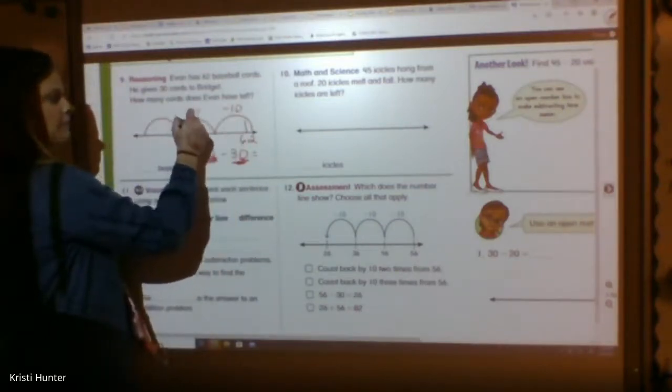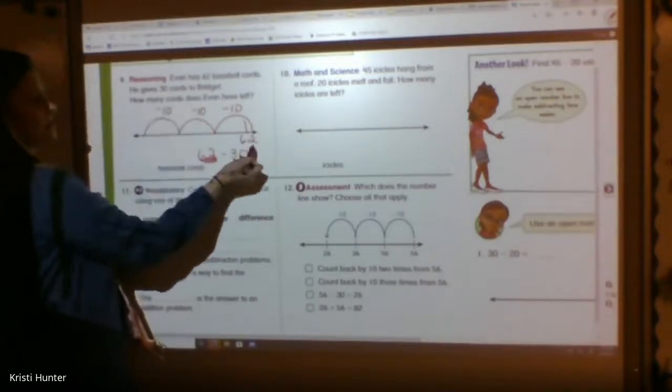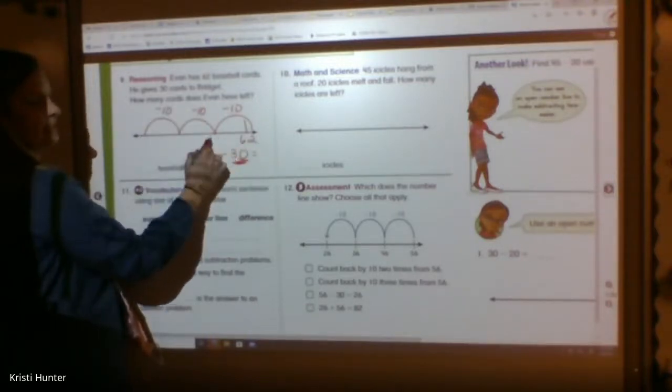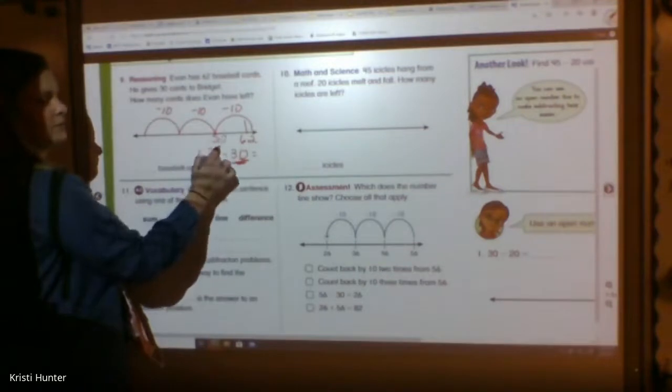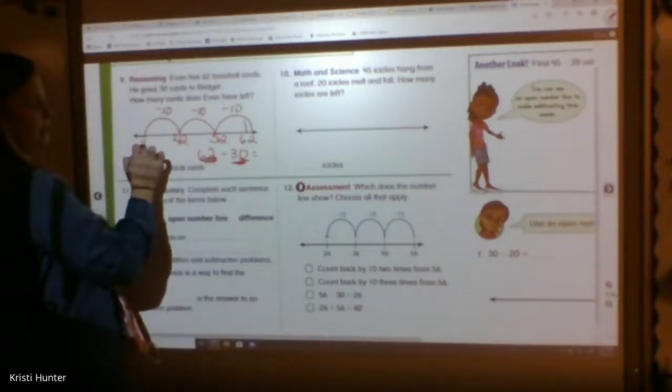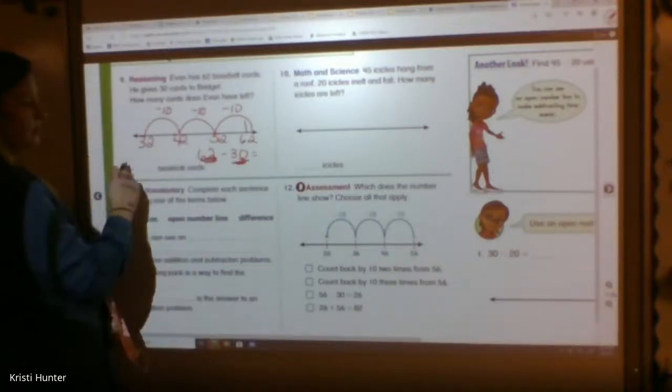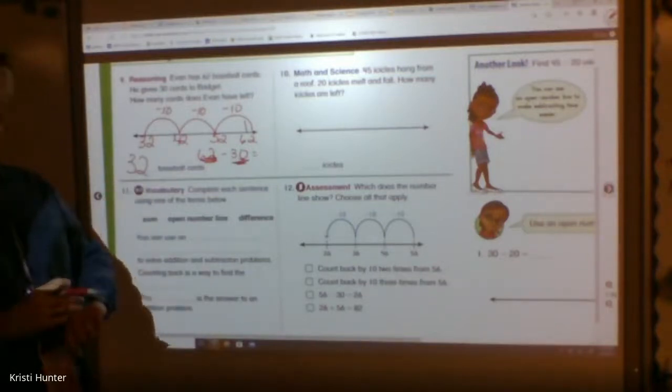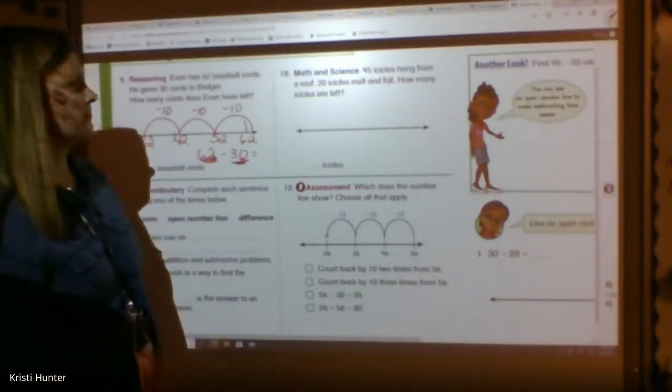Again, I'm going to label my jumps. So 62, back 10 makes 52, back 10 makes 42, back 10 makes 32. So my answer is 32 baseball cards is what Evan has left.